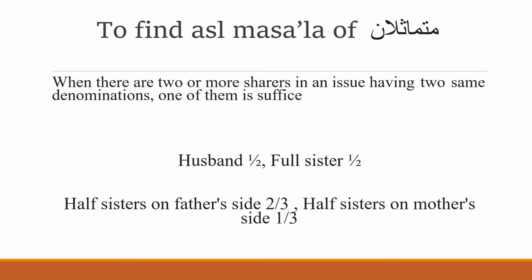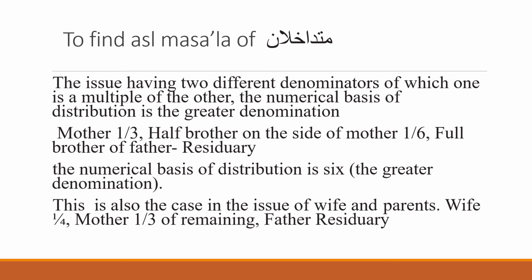Okay, let's move on. To find aslul mas'ala of mutadakhilani, the issue having two different denominators of which one is a multiple of the other, the numerical basis of distribution is the greater denomination. For example, mother, half brother on the mother's side, and full brother of the father, that is ammun. The mother will get 1/3, the half brother on the mother's side will get 1/6, and the full brother of the father will be residuary.